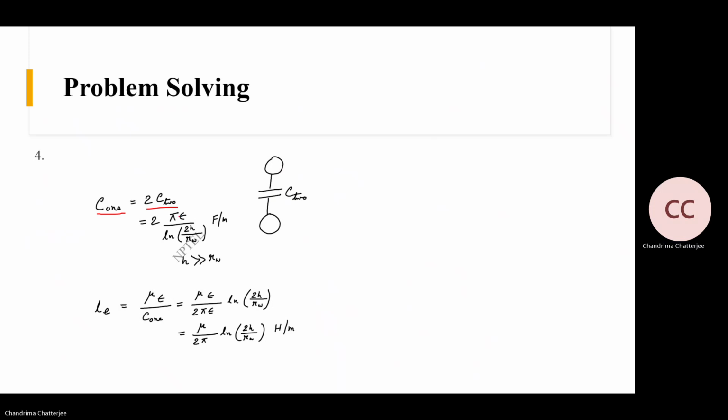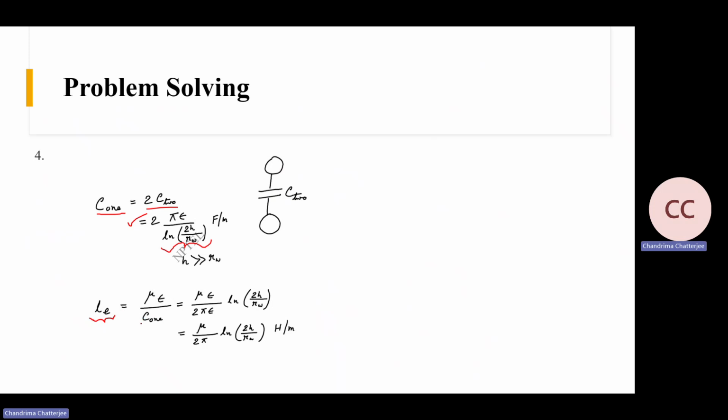And then again, if you just apply the basic laws, you can find out this expression. And as we know, the multiplication of L and C is the multiplication of mu epsilon.